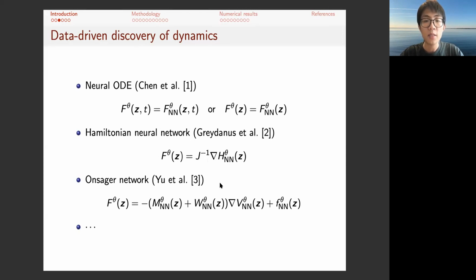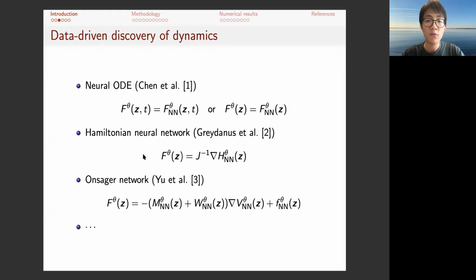By this kind of parameterization and using the loss function on the previous page, they can learn better from the data generated by the Hamiltonian equation.